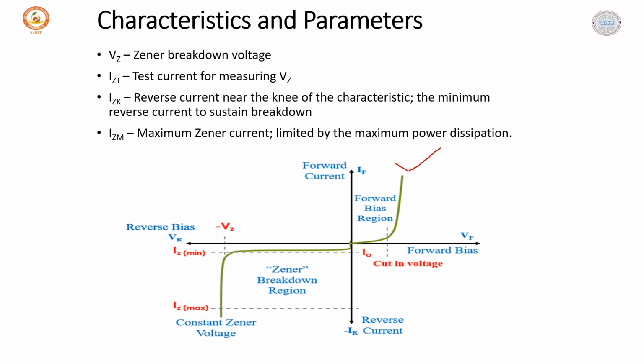It conducts in the forward region, whereas whenever a zener diode is connected under reverse bias, it conducts in the zener breakdown region. So there is a huge reverse current which is available in a zener diode. And always the maximum zener current helps in limiting the maximum power dissipation in the diode.